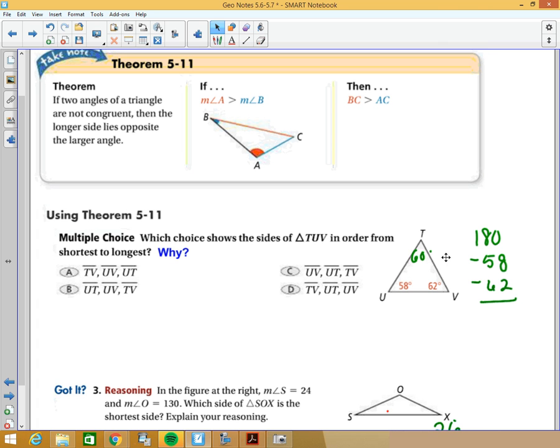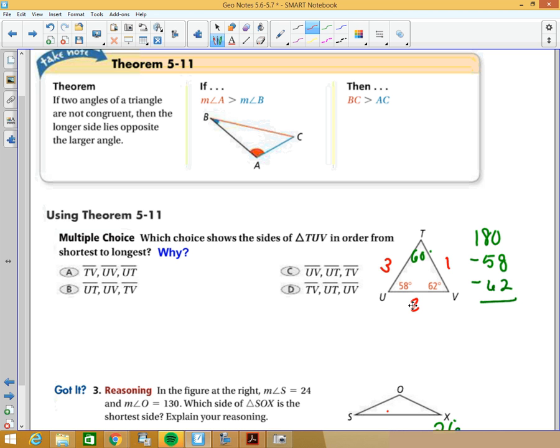So I'm going to say that's one right there. What's the next angle moving up the scale? 60. It's going to be across from the next side, getting a little bit longer each time. The third angle, 62, is going to be across from the longest side.